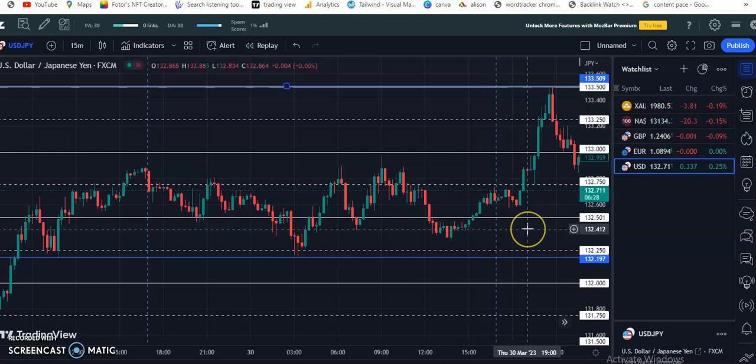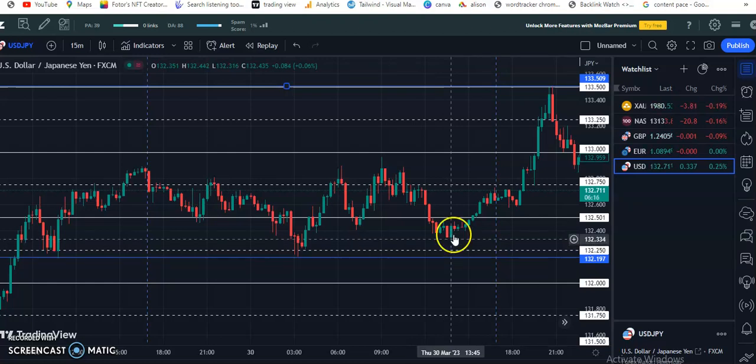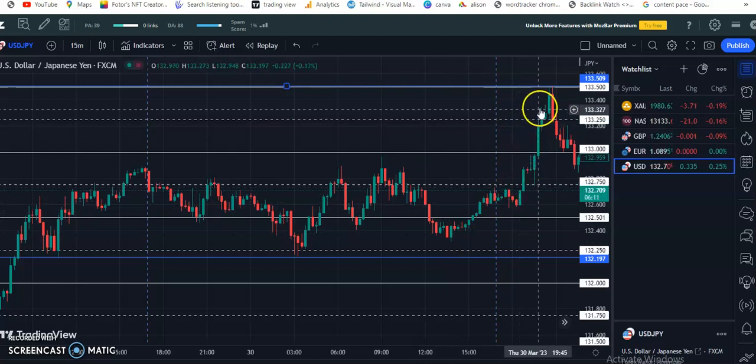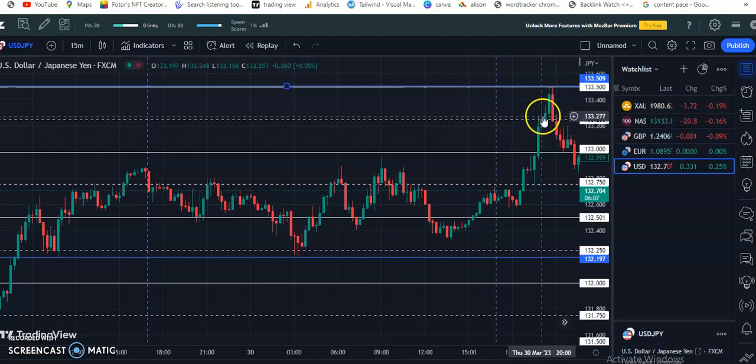Now, when you look at the way this setup forms from the end of the New York session, you see that this is a little pump to the high, a pump and dump setup. So we've broken above the high of the previous day, of course.